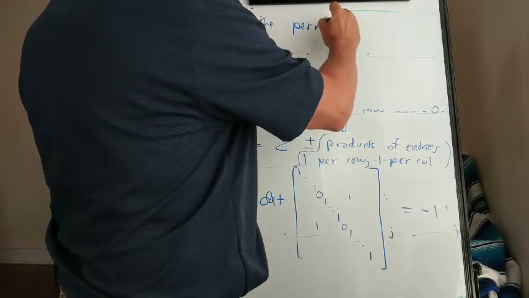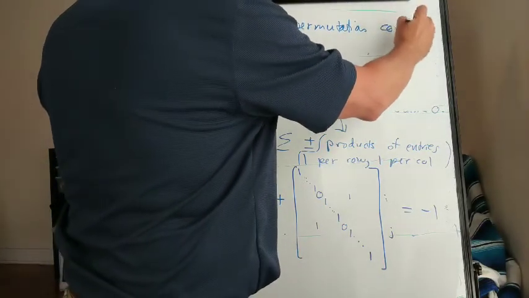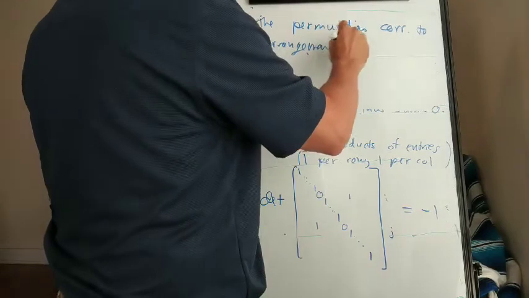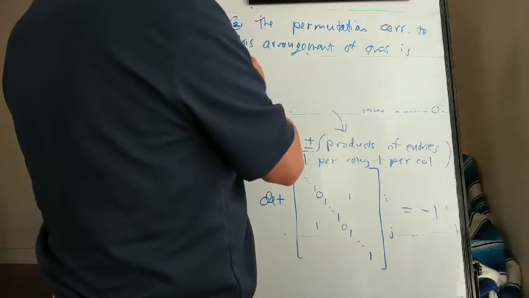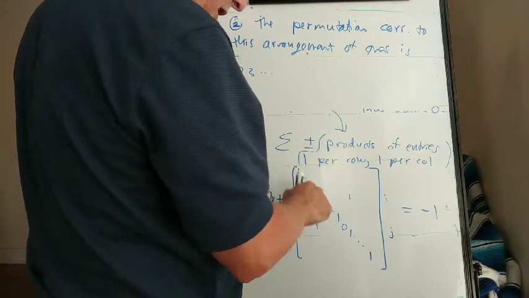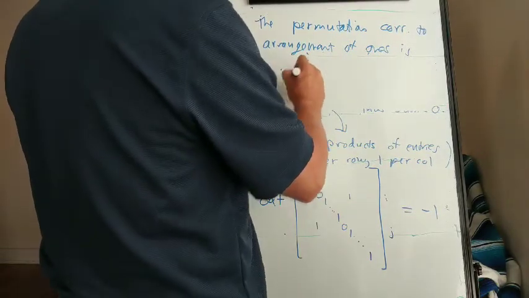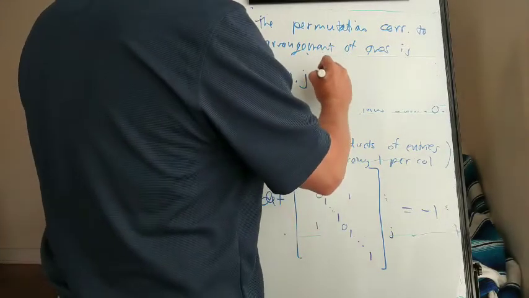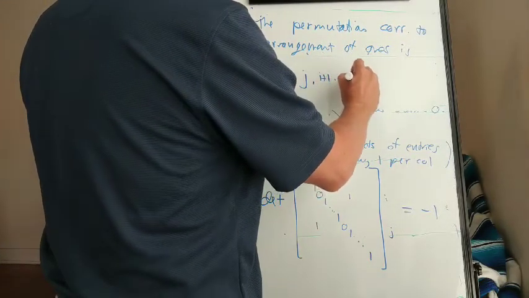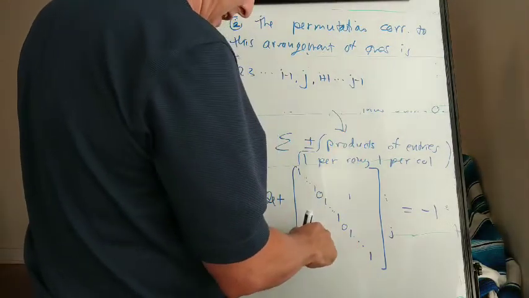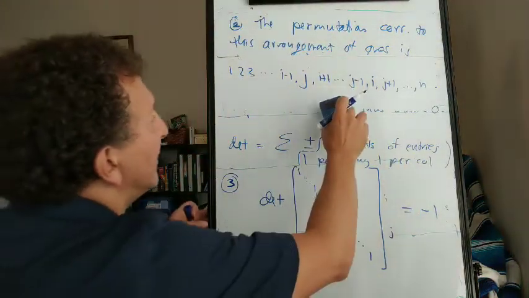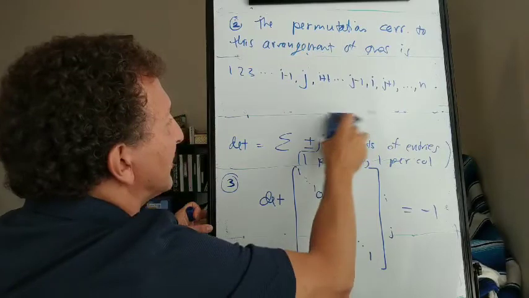Now the permutation corresponding to this arrangement of 1s is 1, 2, 3, etc. up to I minus 1, and then J instead of I, and then I plus 1 up to J minus 1, and then instead of J, I, and then J plus 1 to N. Alright, how many inversions does this have?